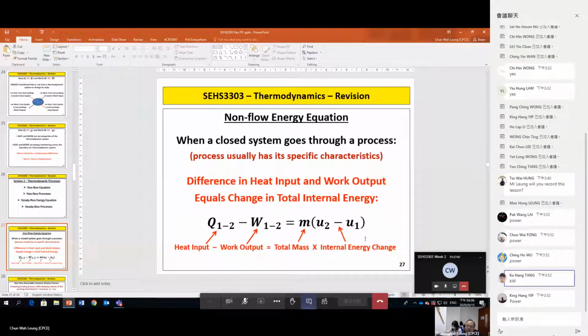Normally I know the starting point, so I know at point 1 the pressure, the volume, the temperature, the internal energy, and so on. But in order to work out how much heat is input and how much work is provided, there are two unknowns already.